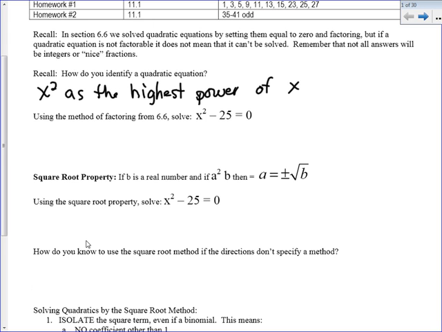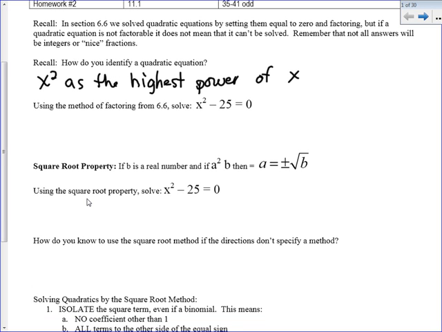X minus 5, x plus 5. So that's our difference of two perfect squares there. So we're going, oops, I'm in the wrong one. Here we go. X minus 5, x plus 5 equals 0. And then from there I can get my two answers. I just take each factor individually and set it equal to 0.